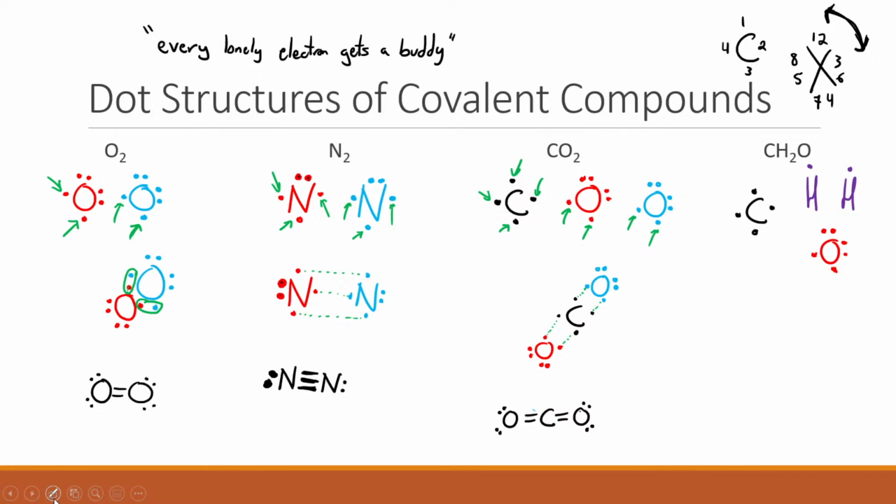We again have a bunch of lonely electrons that need buddies. And again, you can try as many different ways as you want, but you will find that there's only one way to connect these together.